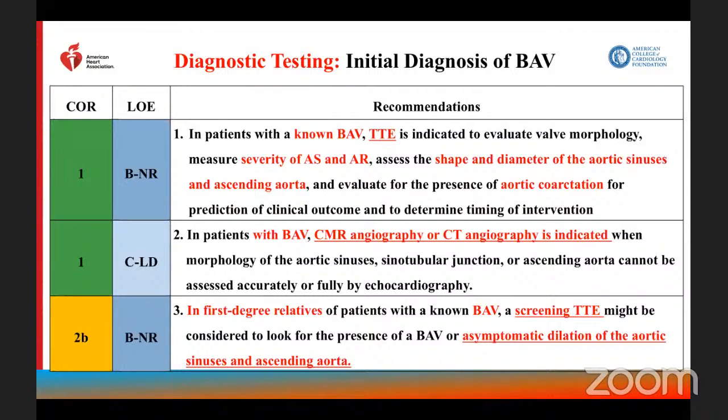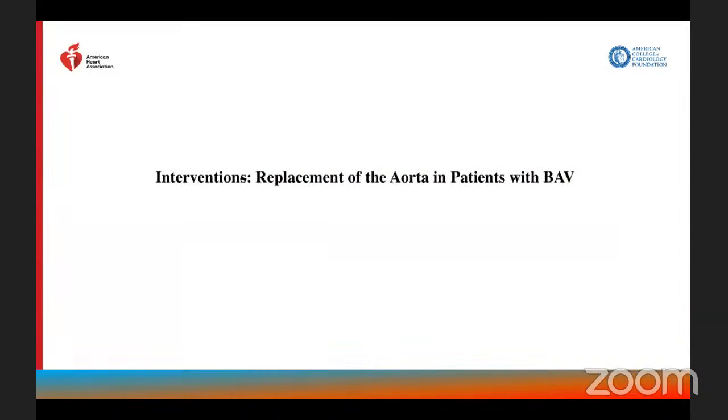In first degree relatives of patients with a known bicuspid aortic valve, a screening transthoracic echo might be considered to look for the presence of a bicuspid aortic valve or asymptomatic dilatation of the aortic sinuses and ascending aorta, and this is a class 2B level B.